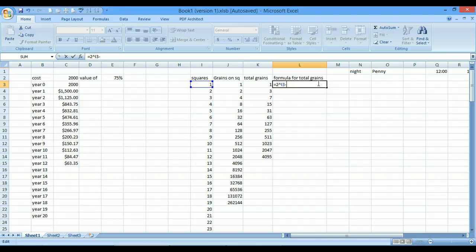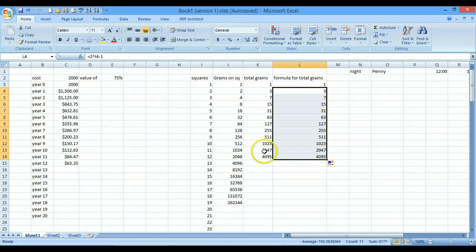So I need to subtract 1 from the whole thing. 2 raised to a 1, and then subtract 1 from the total will give me 1. Let's see if it works. I'm going to come down another one. Oh, it's working so far. So 2 being raised to the 2, 2 squared is 4, subtract 1, subtracting it from the total. Let's see if it continues to work.